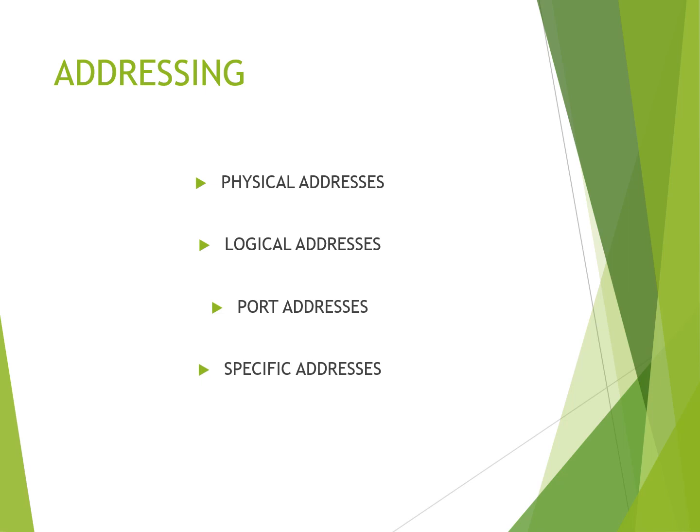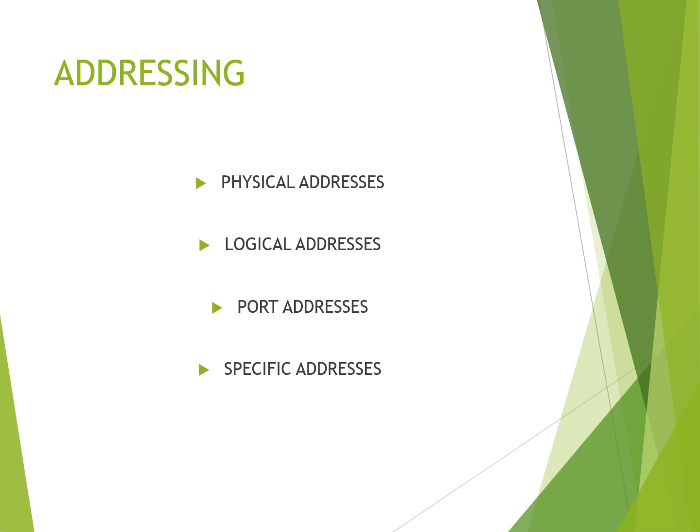In TCP/IP, the port address is 16 bits. For example, the IP address is 192.168.1.101 and the port address is 78. When these two are included, that is when we use socket programming.